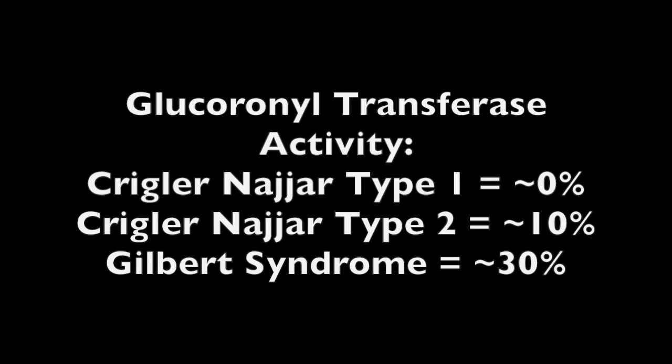Crigler-Najjar causes an unconjugated hyperbilirubinemia versus Gilbert syndrome, which, the way I think about it, is like Crigler-Najjar light. This person doesn't have an absolute deficiency of glucuronyl transferase. They have a mild deficiency, and it's only visible or apparent when the patient gets sick or they're under stress. Then they might get slight jaundice and unconjugated hyperbilirubinemia, but only when they're sick.